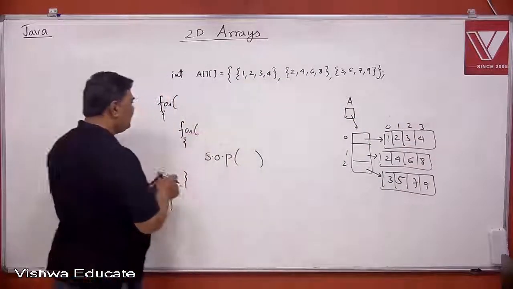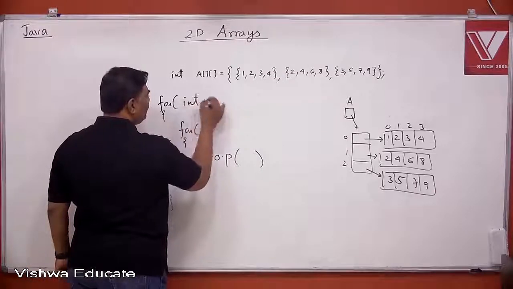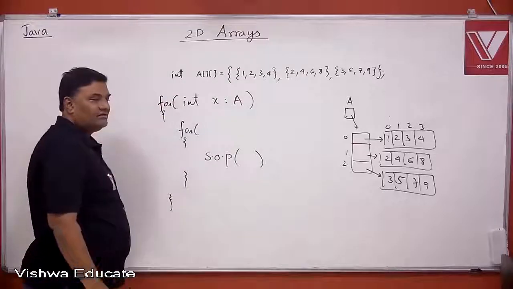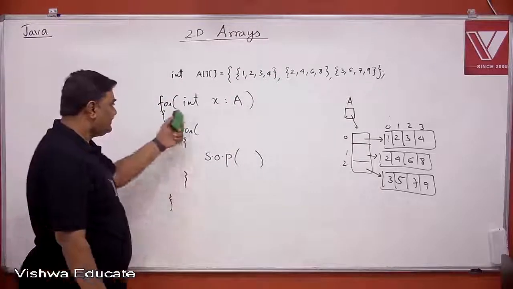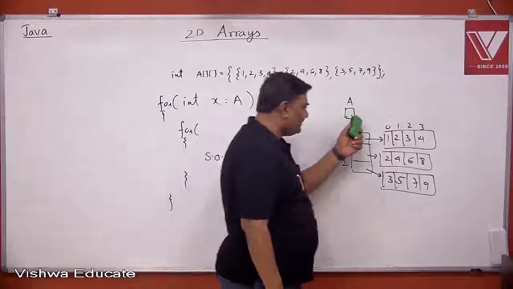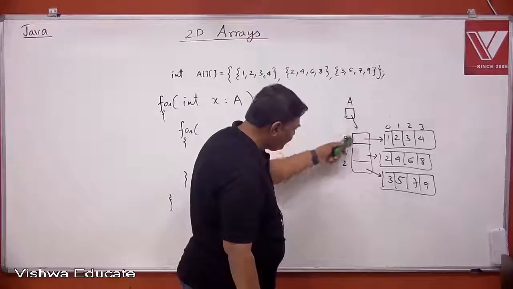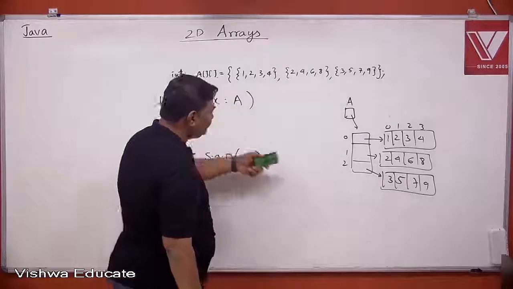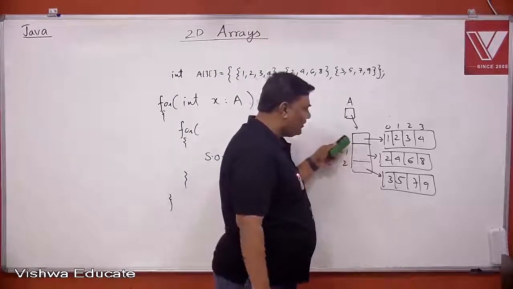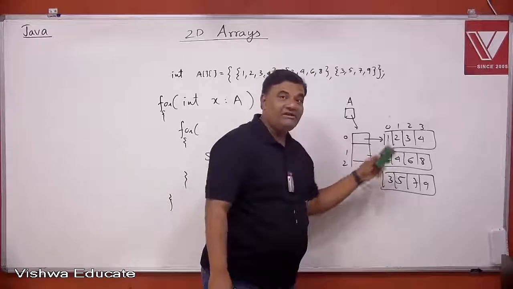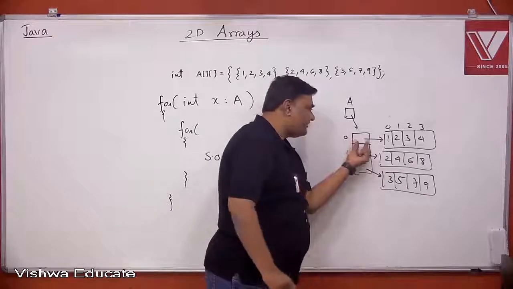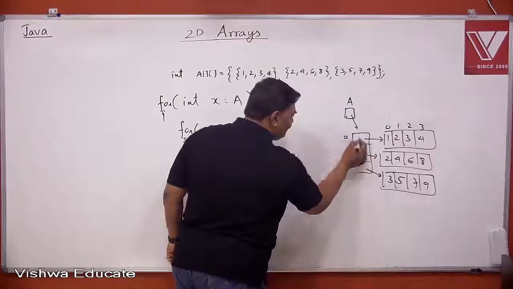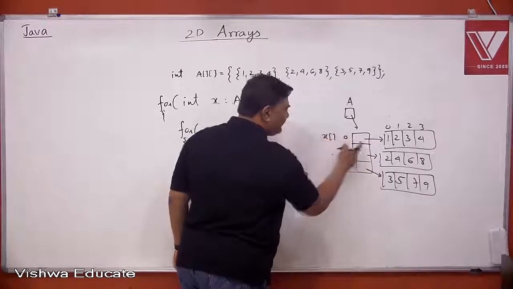So for the outer loop, integer x in a. Is it right? Integer elements. So I want elements. Is a having elements? Is a a reference to these elements? No. The actual name of the array, a, is a reference to an array of references to 1D arrays. So this is a reference to a 1D array, each one. So if I say this as x, it is a single dimension array.